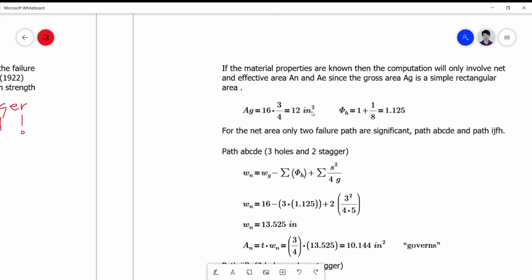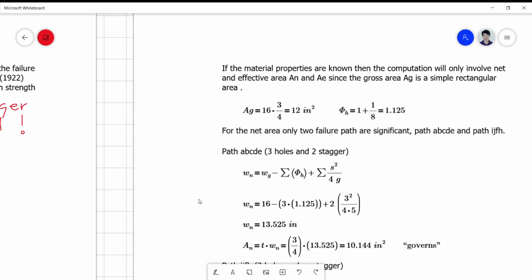Also, the diameter of the hole to be used in the analysis will be 1/8 inch larger than the bolt diameter. So this is 1.125 inches.